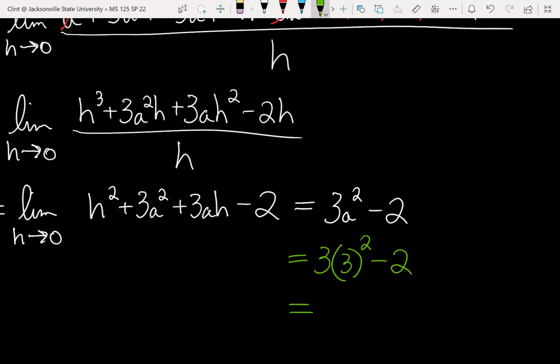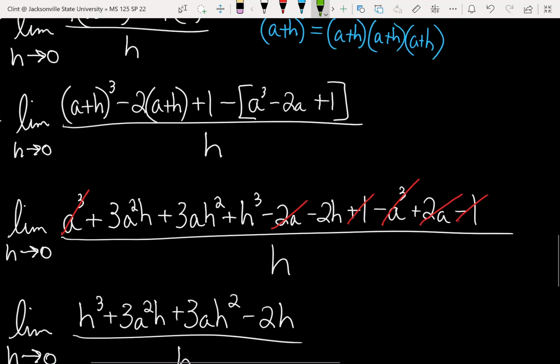What do we get there? 25. Okay. This is the slope of our tangent line at 3. Almost finished. The hard part's over.